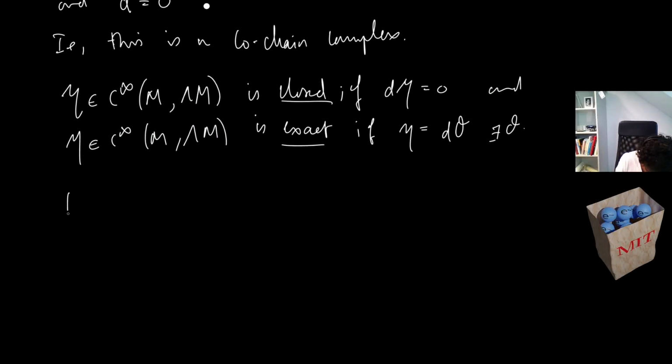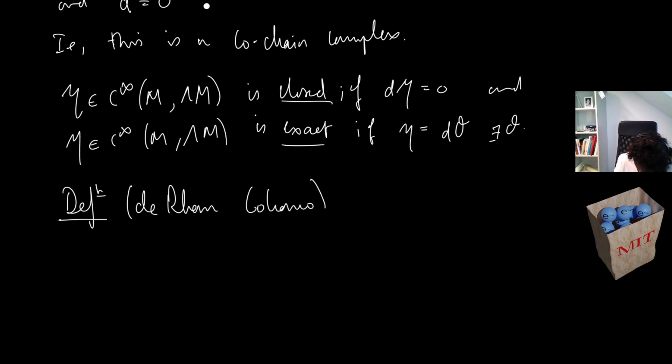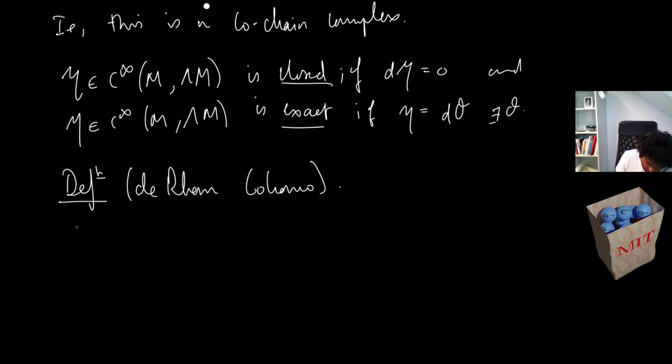So with this we get the de Rham cohomology. Let d_k be the map of d restricted to C infinity M to k-forms.